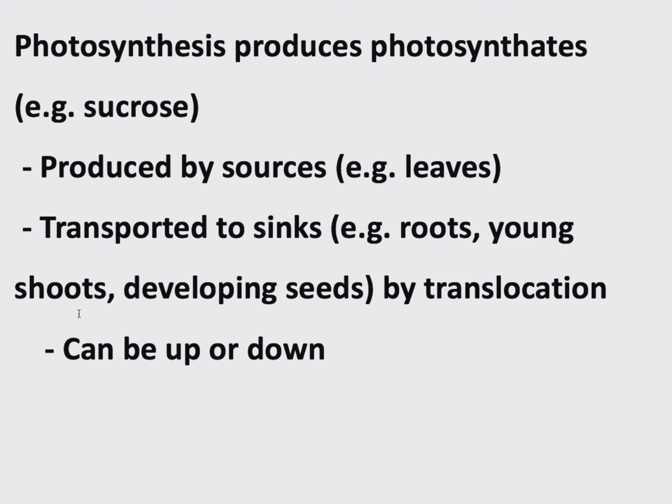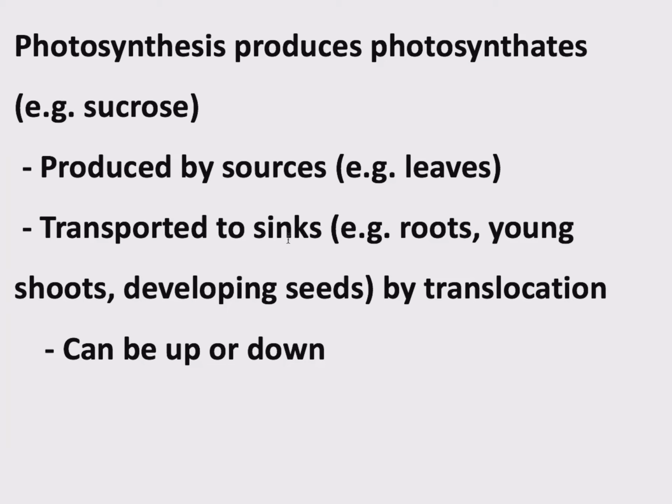Young shoots require an input of energy because they're actively growing really fast. Developing seeds or fruits definitely need an input of energy. And so this translocation process is what's going to transport them. Here's the sentence that pulls all of these terms together: photosynthates are transported from sources to sinks.